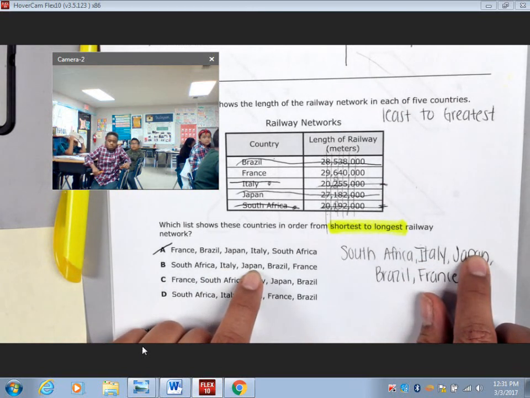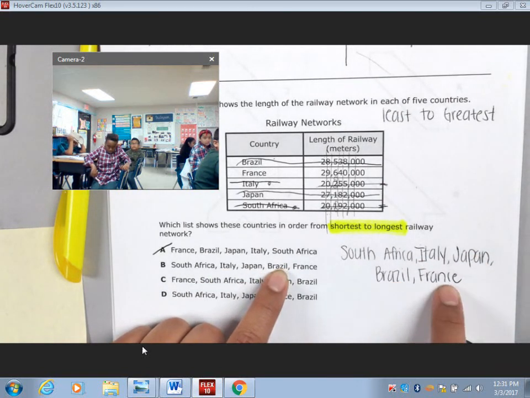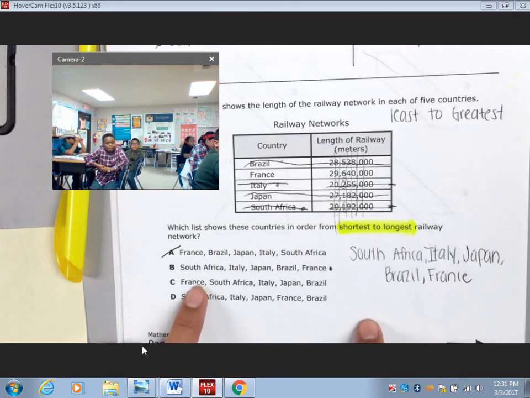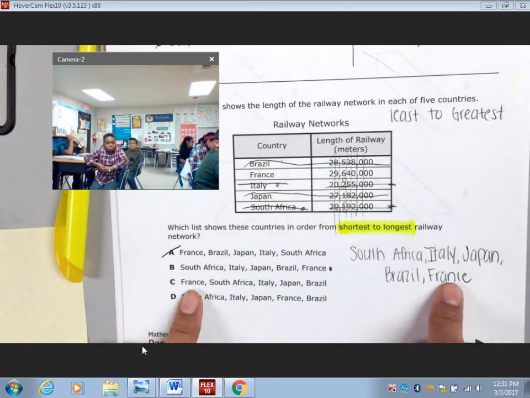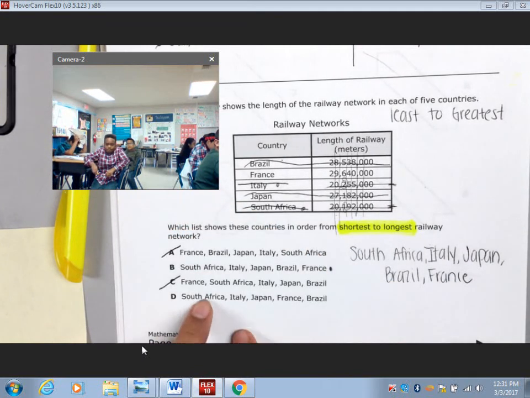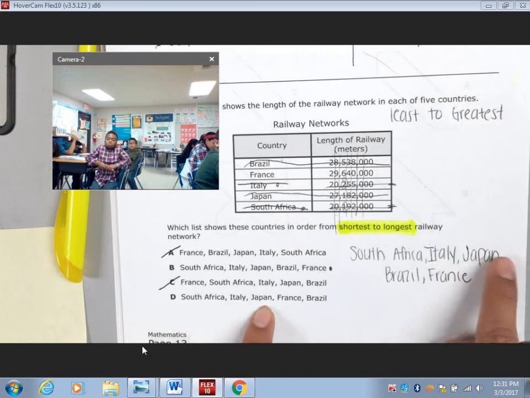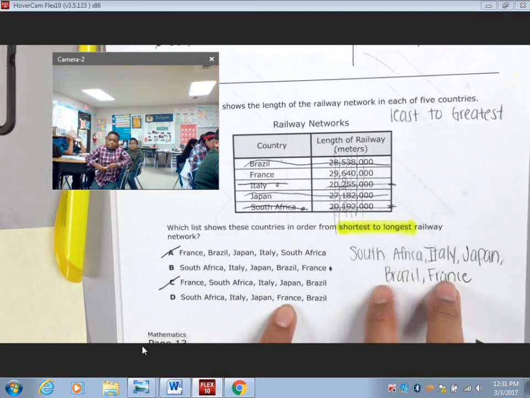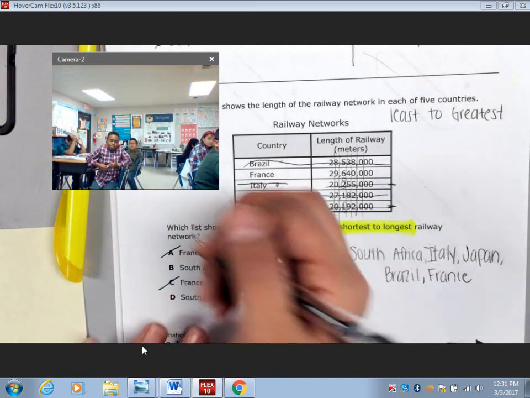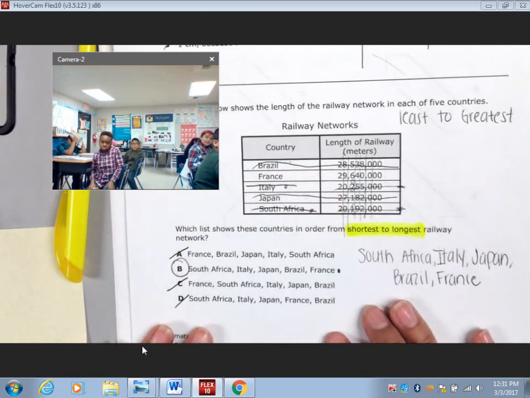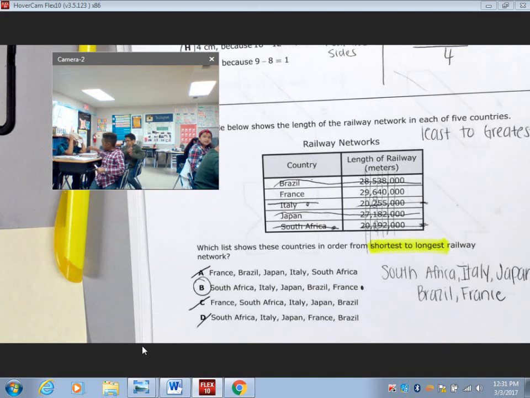Japan, Japan. Brazil, Brazil. France, France. Okay, so I'm going to put a little dot next to that. France. Nope, we already know that's our greatest. South Africa. Yes. Italy. Japan. Oh, look, they swapped them here. France and Brazil. Nope. So what is our answer? B. Nice job, guys. Do we have any questions?